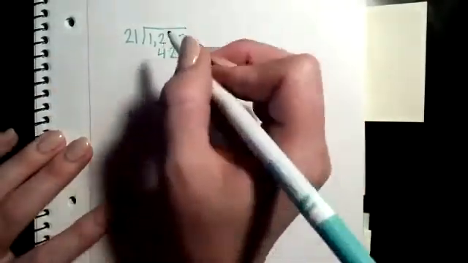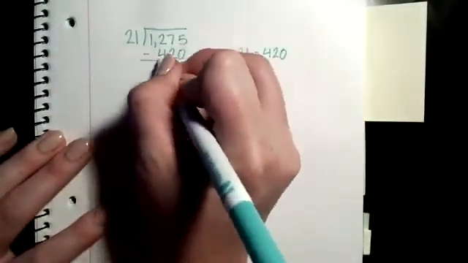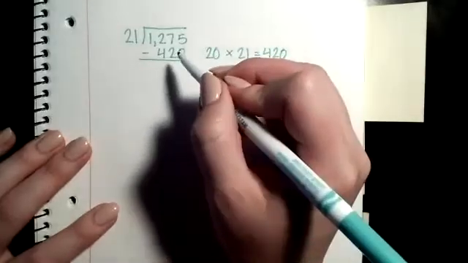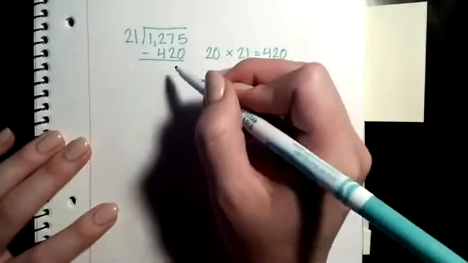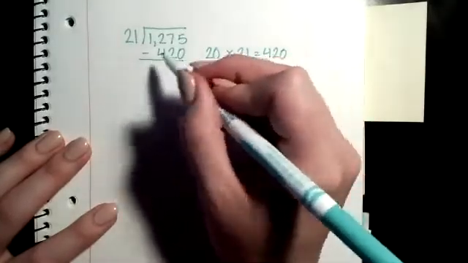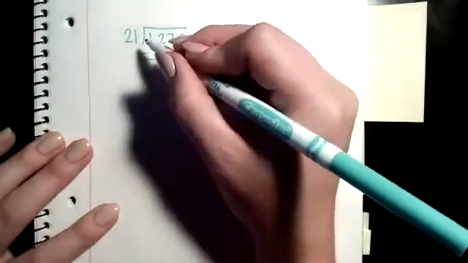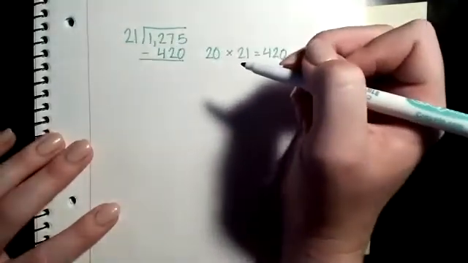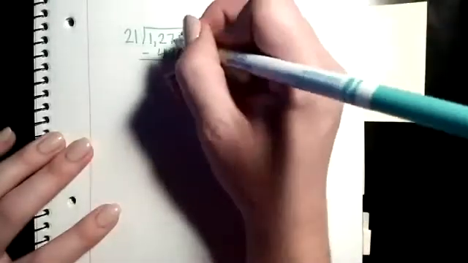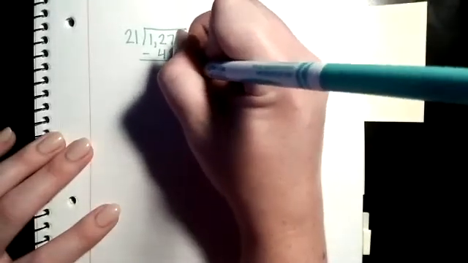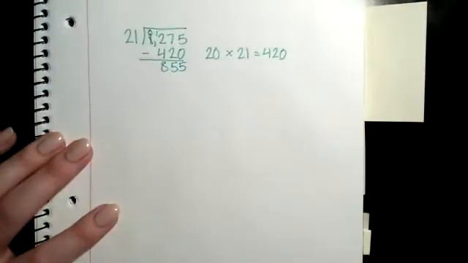So now I'm going to subtract that multiple I just got, that answer, and then just keep adding into what's left over, what other multiples I can put in. So 1,275 minus 420 would be 855. Okay, still not done, but that's okay.